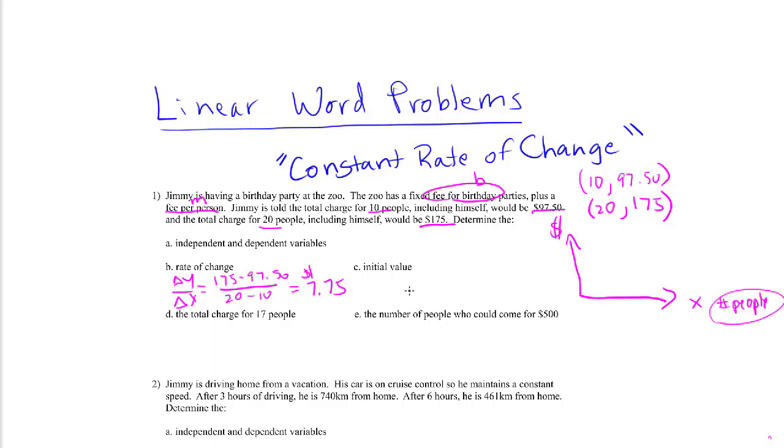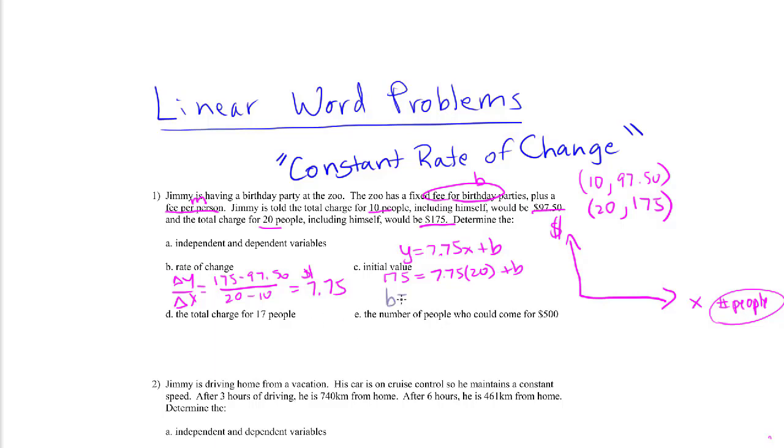What's the initial value? Well, we don't know that, but we can figure that out. So y equals mx plus b. Y equals 7.75x plus b. We know the points. Let's put in 20 and 175. So I can say 175 equals 7.75 times 20 plus b.